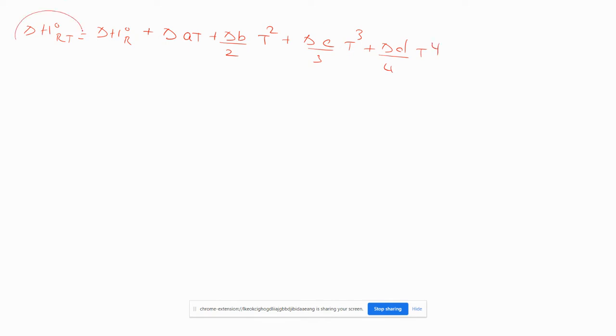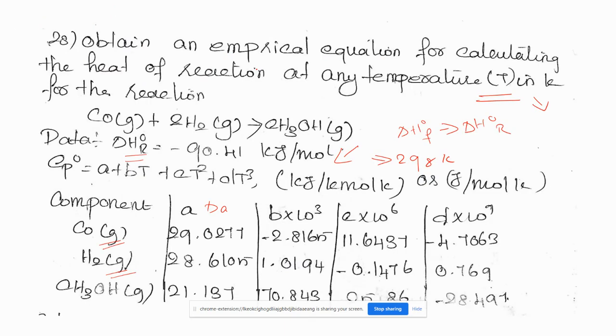Now this data has already been given: del H0R at a temperature of 298 Kelvin is given as minus 90.41. So now first we have to find del A, del B and del C and all. The equation is CO plus 2H2 gives CH3OH. So del A will be what?